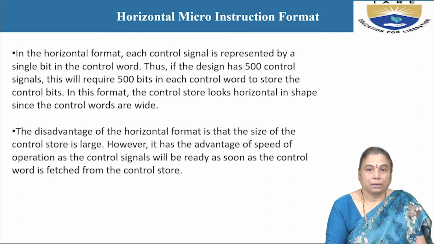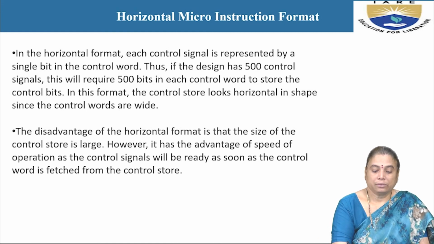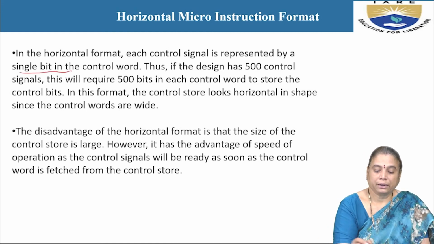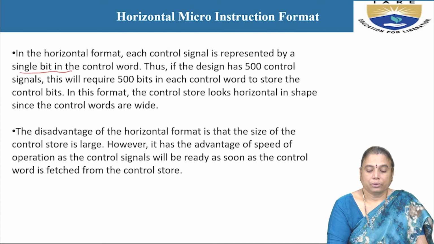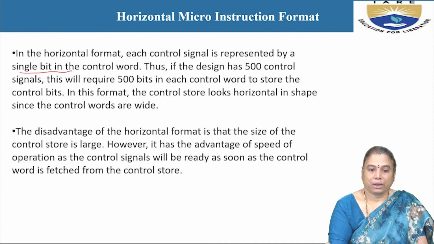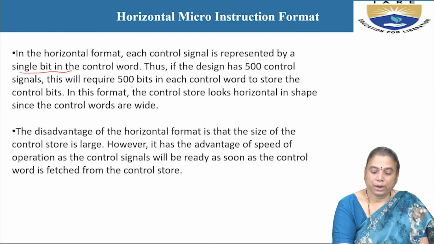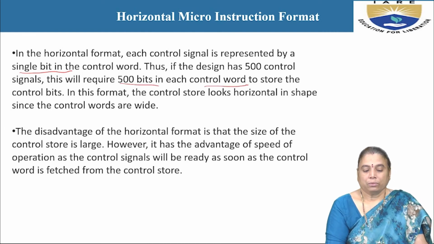In the horizontal micro instruction format, each control signal is represented by a single bit in the control word. Thus, if the design has 500 control signals, there are 500 bits in the control word. So that is the format of the horizontal micro instruction.